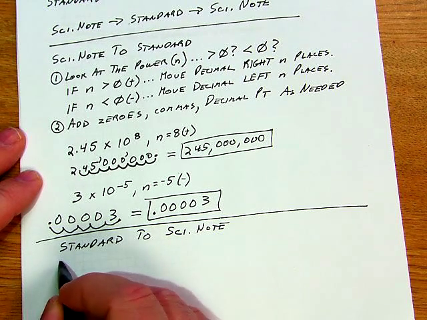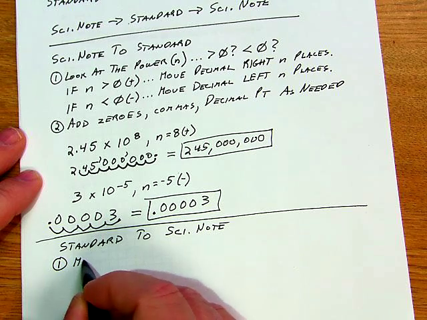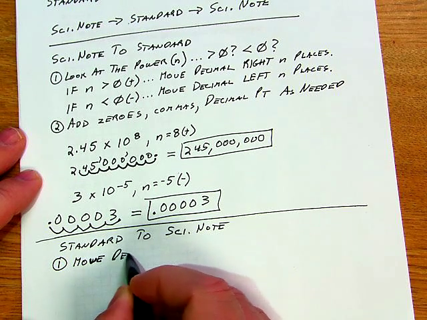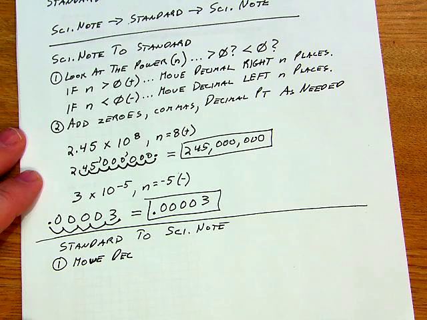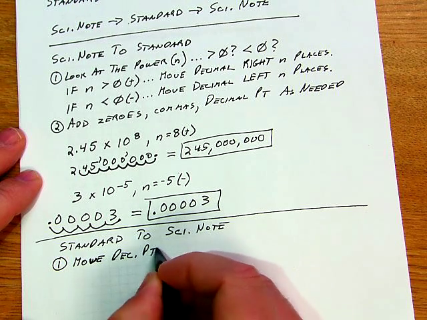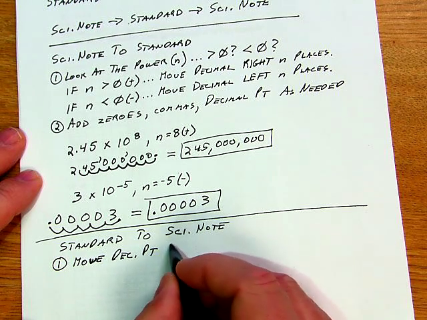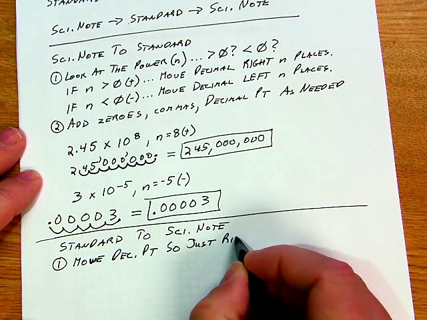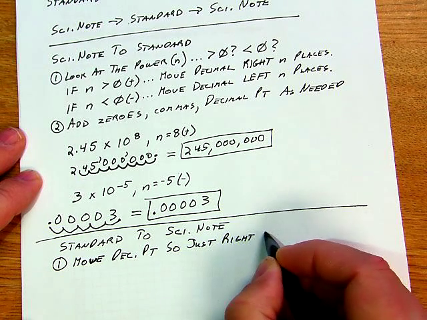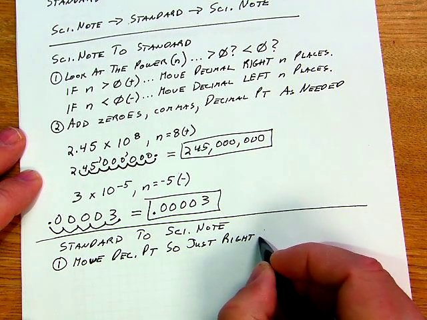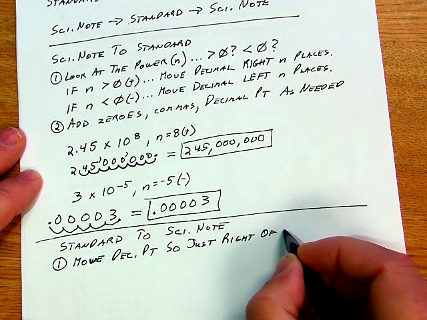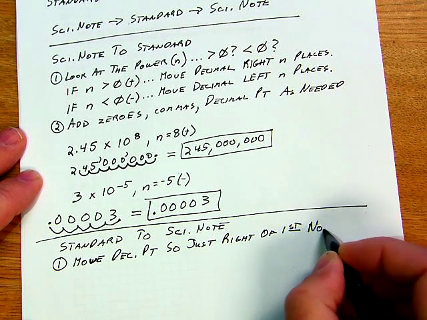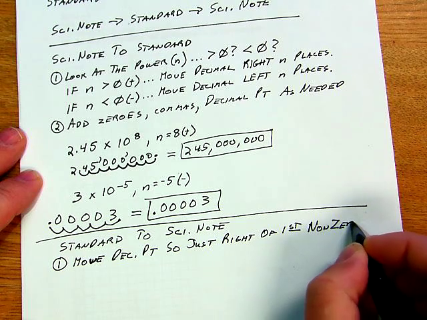Number 1, move the decimal. Okay, move the decimal point so it is just right of the first non-zero number.